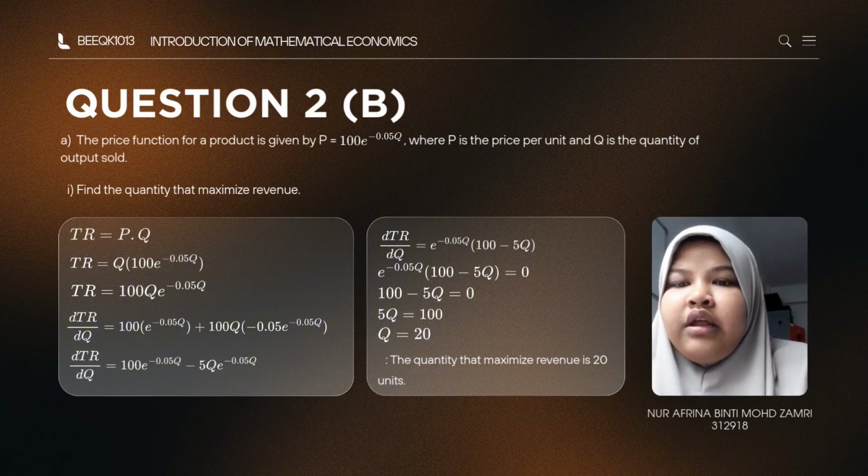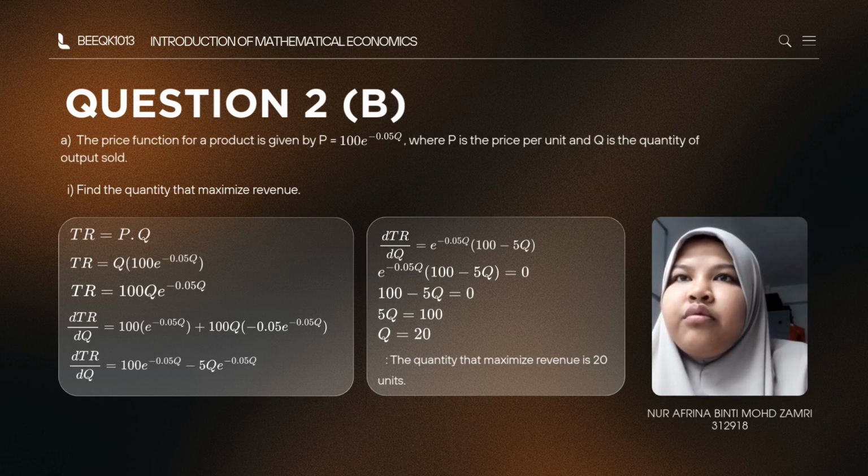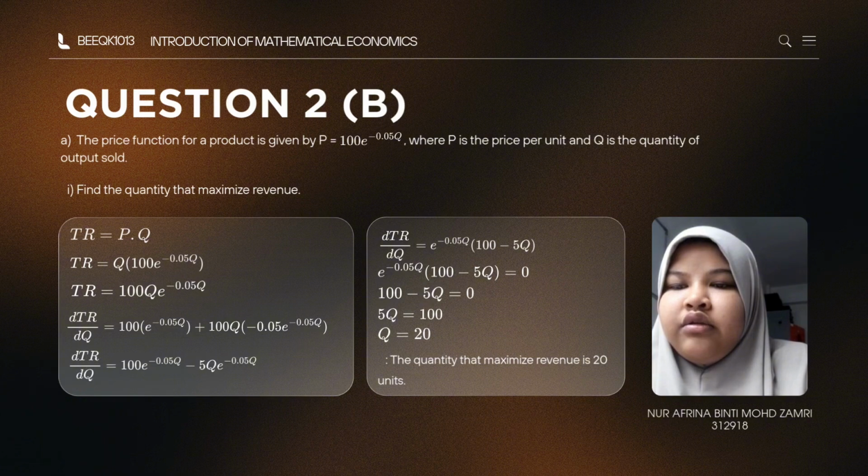Then we need to calculate the quantity that maximizes the revenue. The quantity that maximizes the revenue is 20 units.